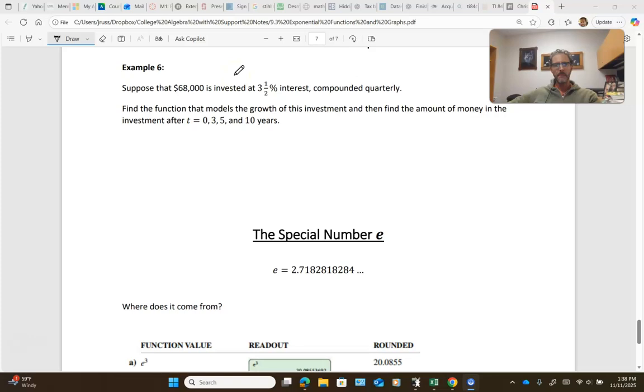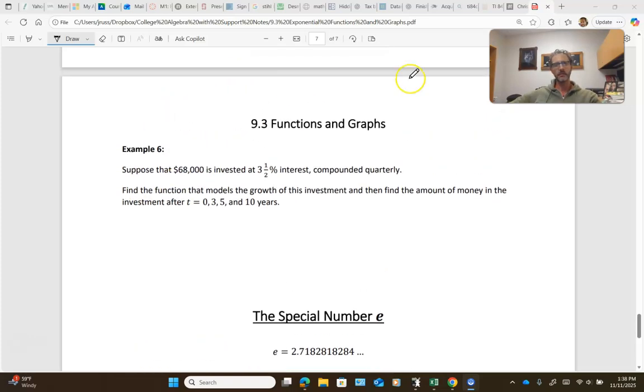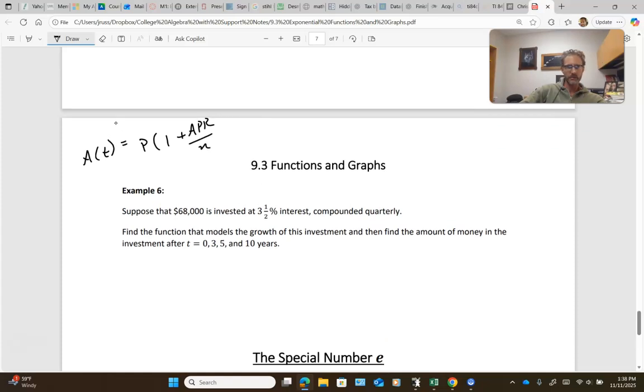All right, so what we're going to do is use that template from above, and I'll recopy it here. We're going to plug in the values for these parameters. This is raised to the n times t power.